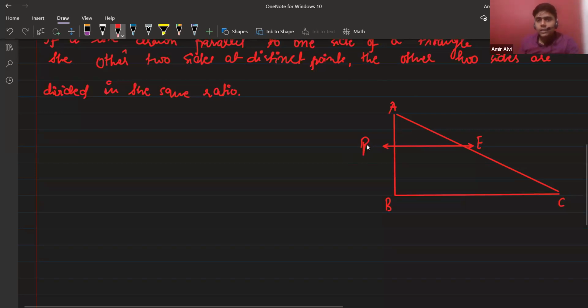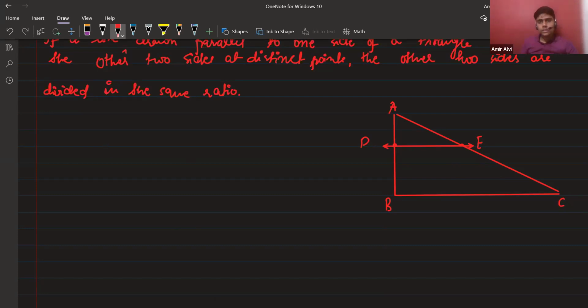The theorem says that if the line is parallel and these are two distinct points, then the two sides are divided in the same ratio. It means AD by DB and AE by EC should be equal.